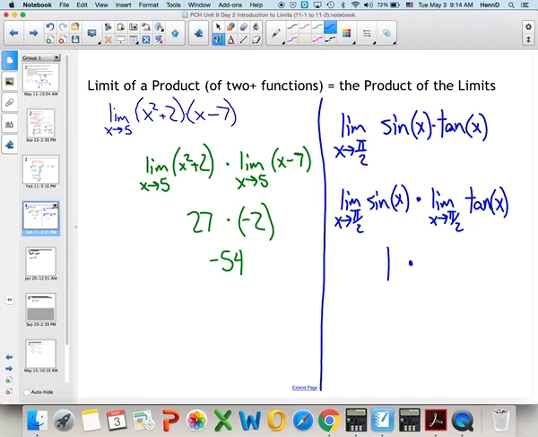So this limit does not exist. So the answer is the limit does not exist. Even though the limit for the sine part of it equals something, if one part of it doesn't exist, then we can say the whole thing, the limit does not exist. Okay?